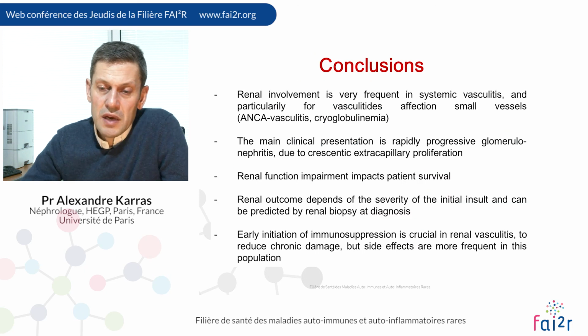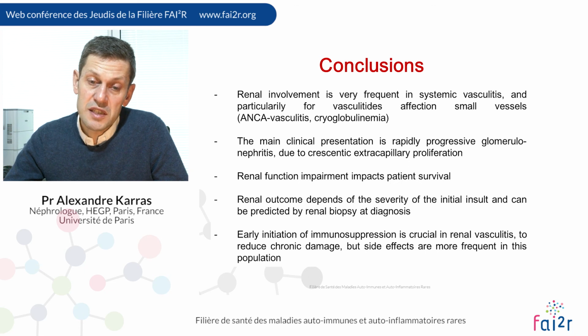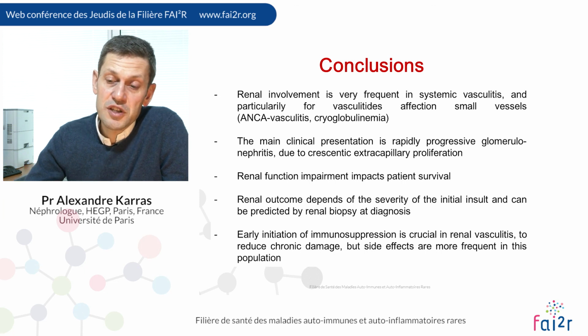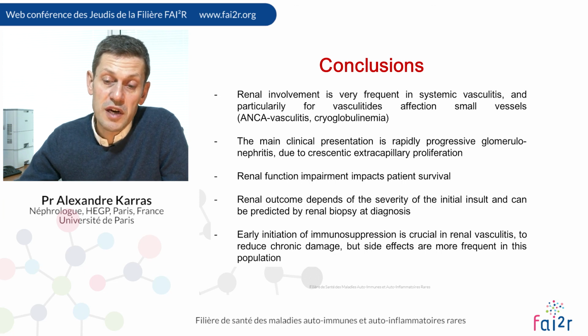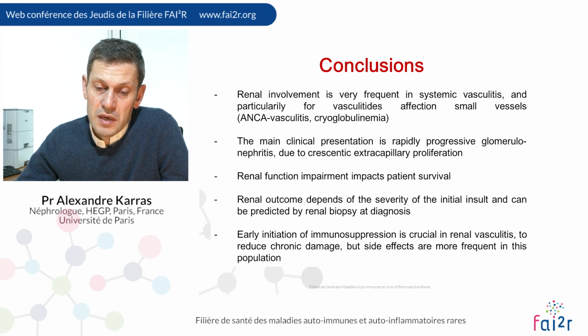In conclusion, we can say that renal involvement is very frequent in systemic vasculitis, especially for vasculitis affecting the small vessels. The main clinical presentation is rapidly progressive glomerulonephritis due to crescentic extracapillary proliferation. The renal function impairment can be very severe and can impact the patient's survival.